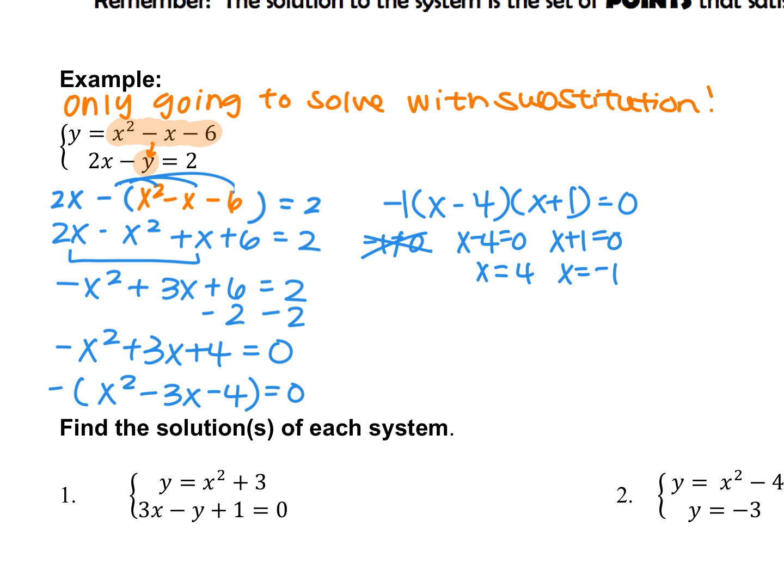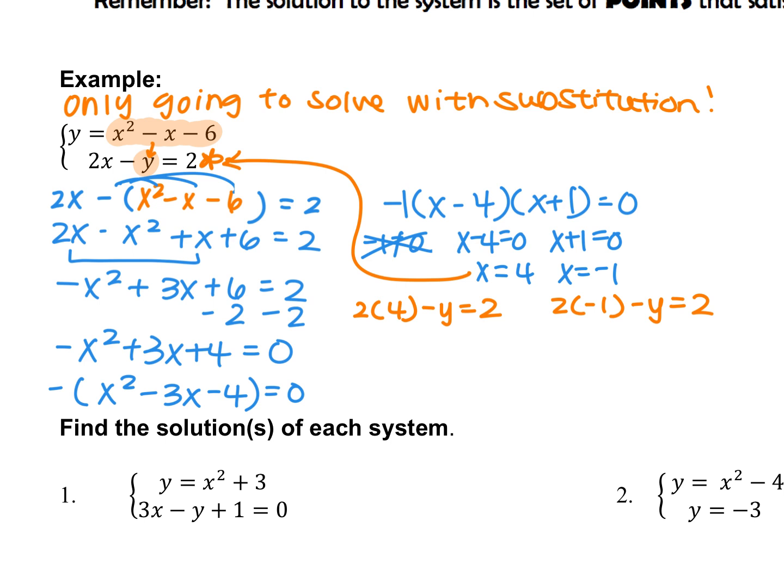I would prefer this one because it's easier and it doesn't have a square. Okay? So I'm going to do 2 times 4 minus y equals 2. And 2 times negative 1 minus y equals 2. I plugged my x values back in here.